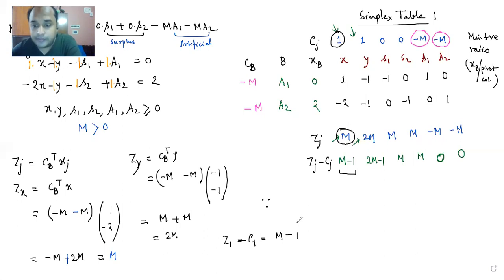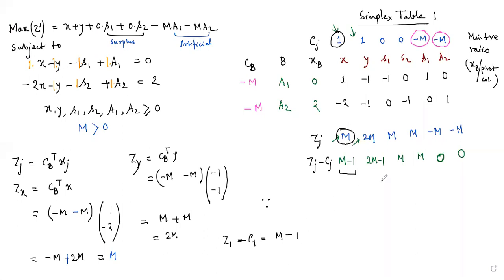So first of all, since M is greater than 0, obviously M is a very large quantity, so M minus 1 is also a positive quantity and twice M minus 1 is also a positive quantity. Now don't say that, sir, M greater than 0, therefore M minus 1 will be greater than minus 1.